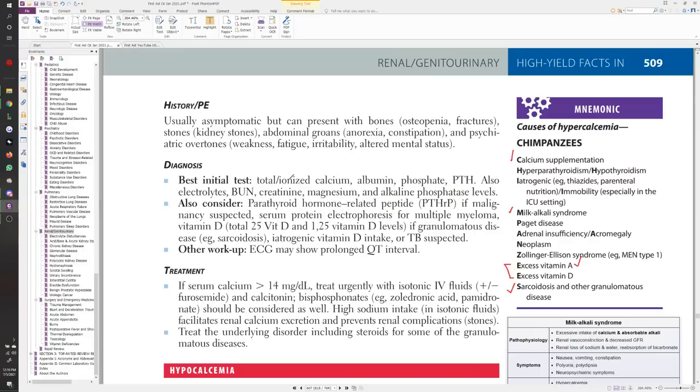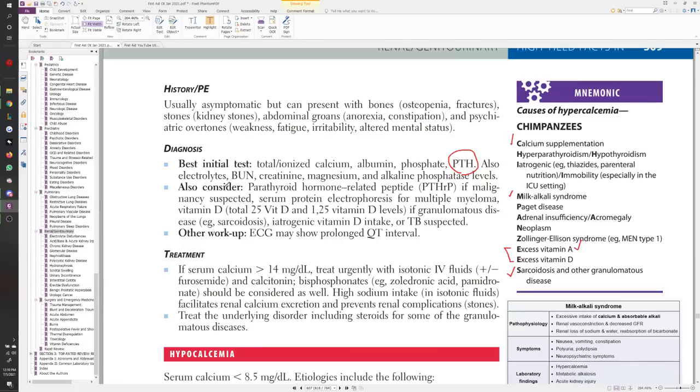Best initial test: total calcium, albumin, phosphate, PTH. Definitely PTH. Also electrolytes, BUN, creatinine, magnesium, and alkaline phosphatase levels, just to see where else there is a problem. Consider PTH related peptide if malignancy is suspected, like maybe the patient has a long 35-pack year or 40-pack year smoking history, sudden non-productive cough, and then maybe they even tell you there's a mass in the left lung or something.